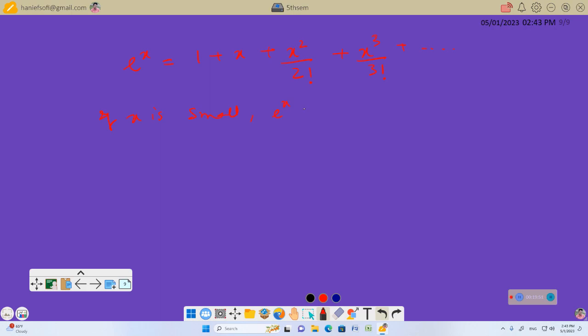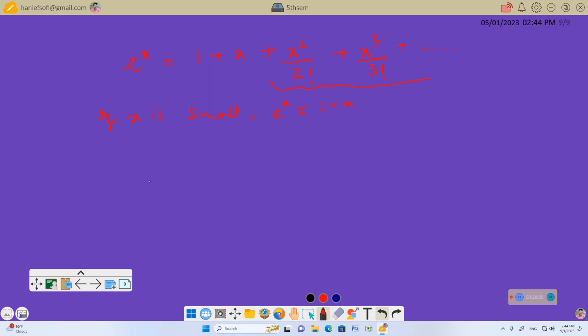You can write e raised to x as 1 plus x. You can drop these terms, because when x is small compared to 1, every term in this expansion is much smaller than its preceding term. So you can drop these terms without introducing much error, and approximate it as just 1 plus x.